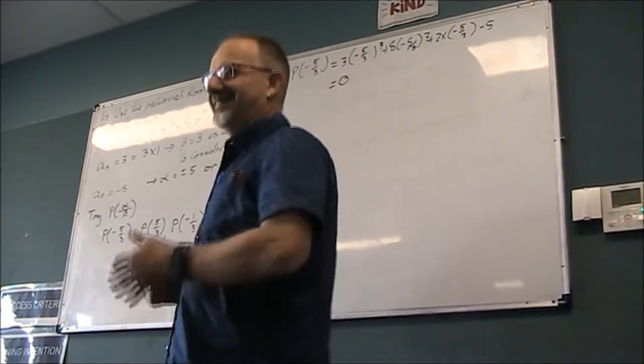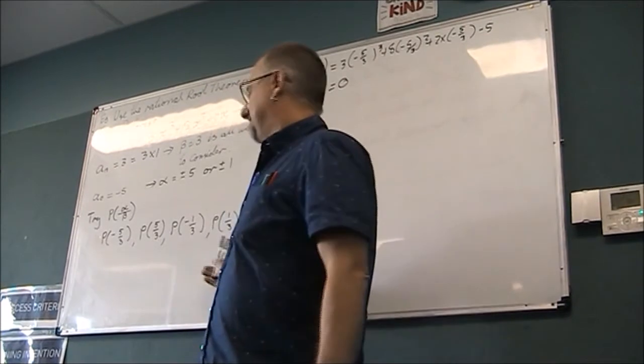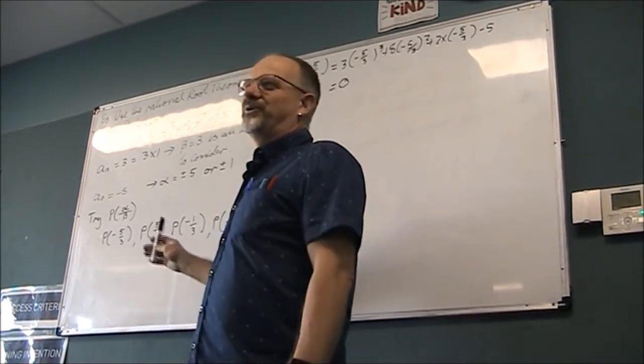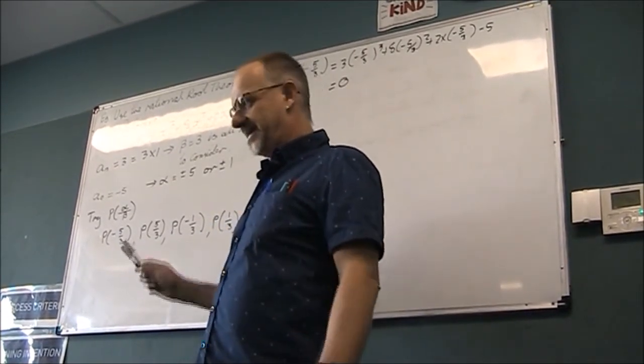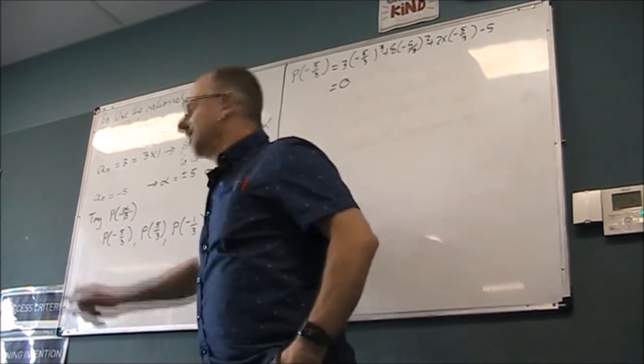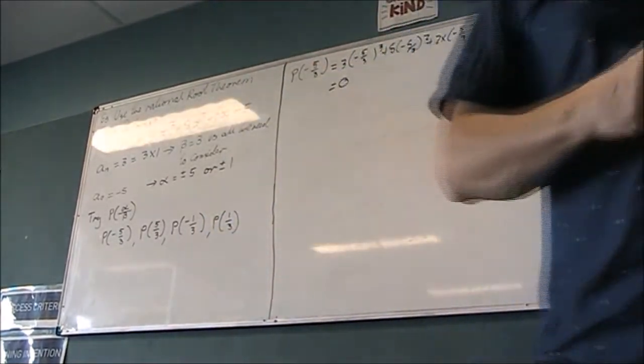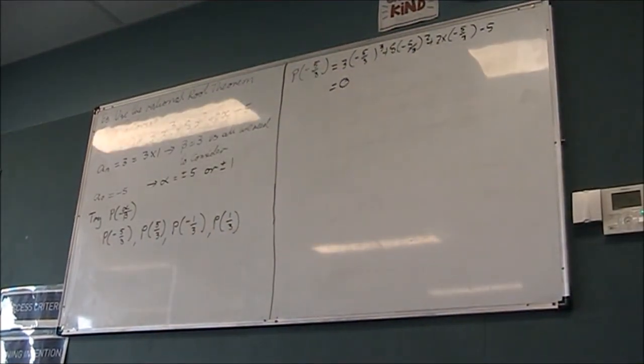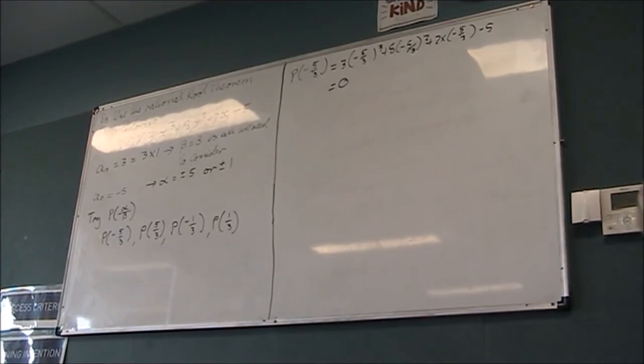Now, with these others, you might not get 0, so then you've got to work through to find out which one it is. If you're lucky and get the right one first up, you can stop there.